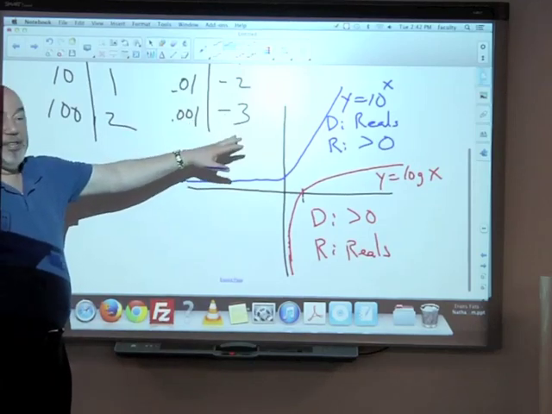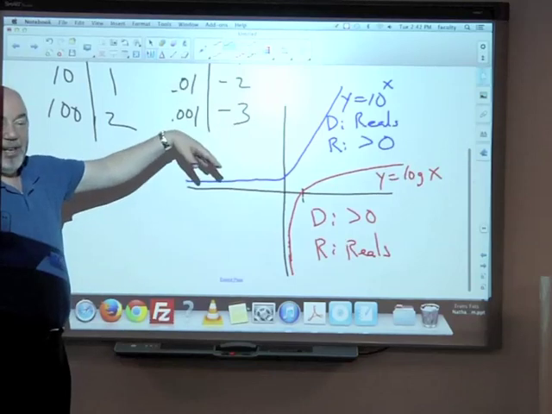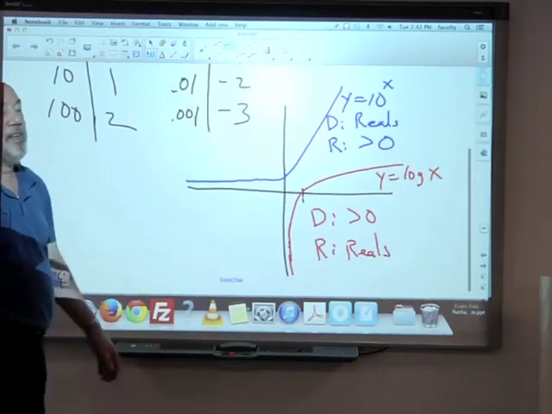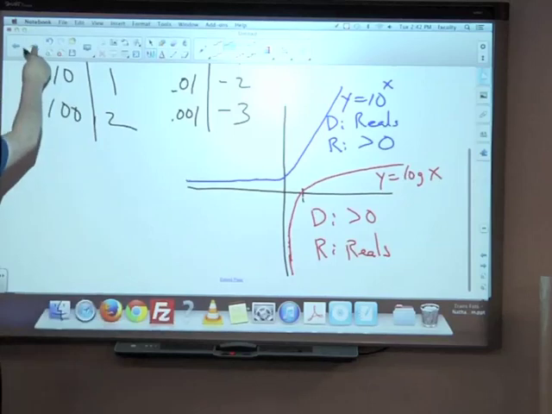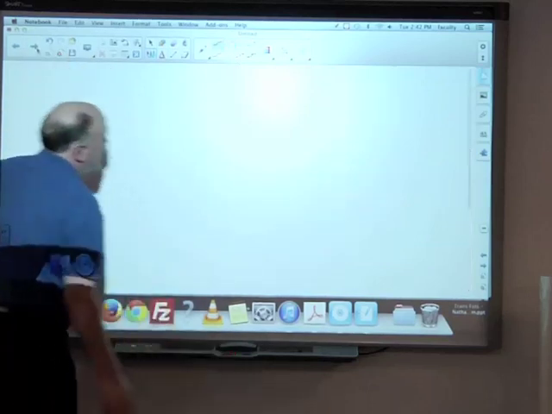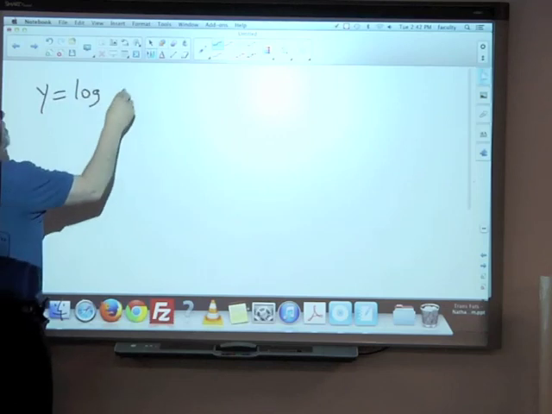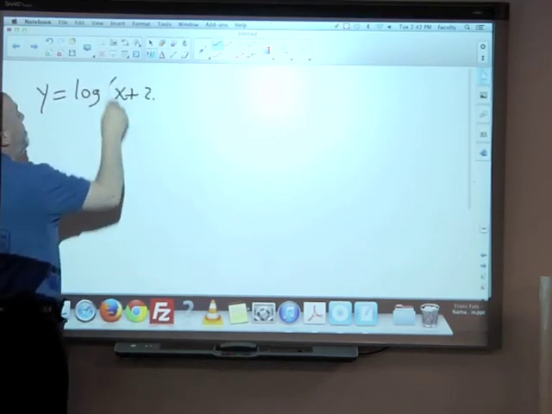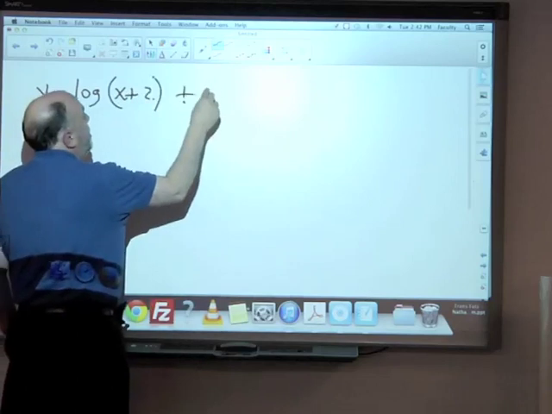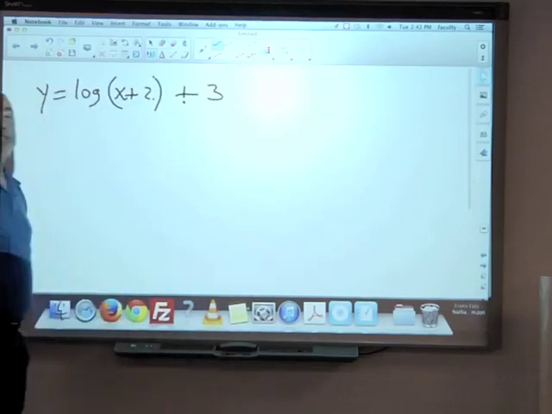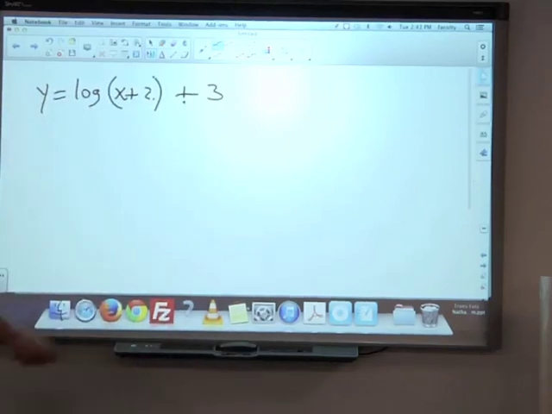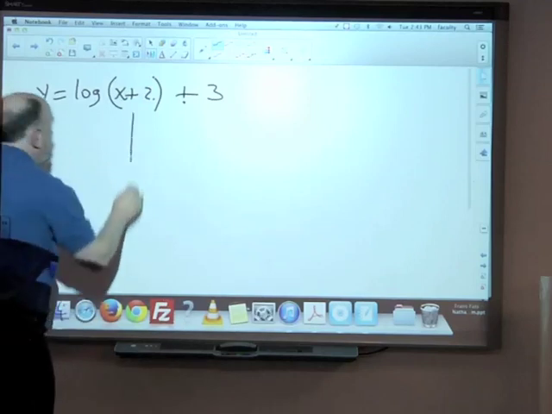And so just like we did last week with the exponential, we can talk about moving this up, down, left, and right. And it works exactly the same way as it did when we talked about exponentials. So if I had y equals the log of x plus 2, plus 3, now I want to know what happens to this graph.